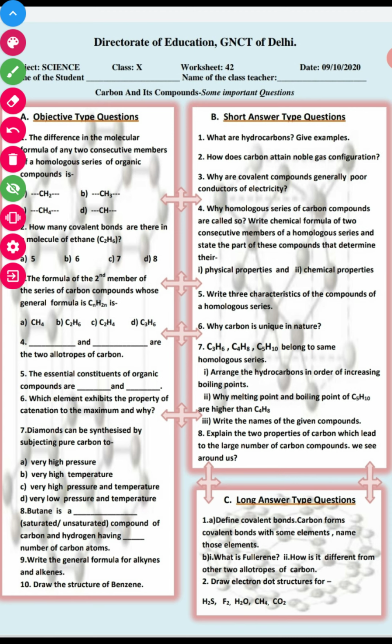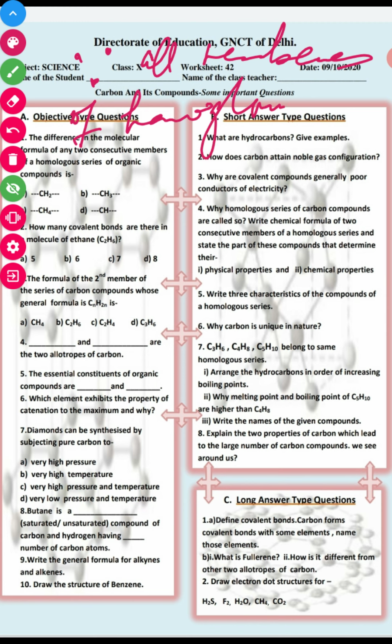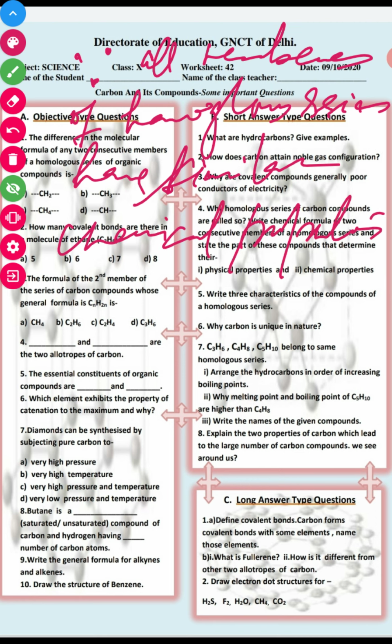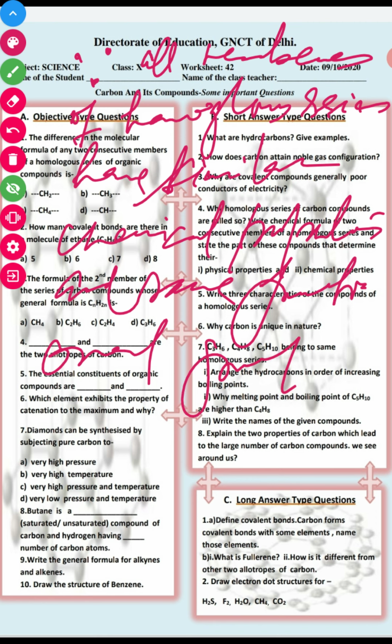So in case of homologous series, you can say homologous series of carbon compounds are called so because all members of a homologous series have similar chemical properties, the same functional groups and the same general formula.